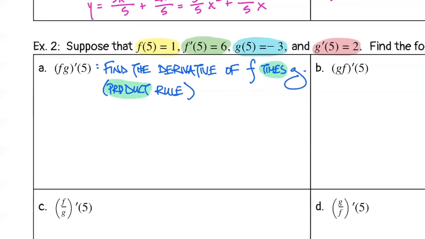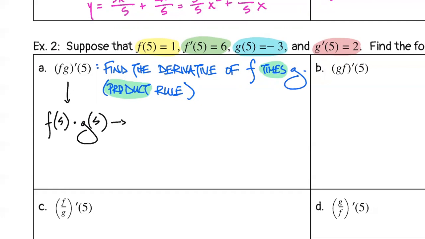All right, so let's write down the product rule. If I have f times g, this is really saying f of 5 times g of 5. And what we're going to do when we take our derivative is set up our u and our v, our du and our dv.